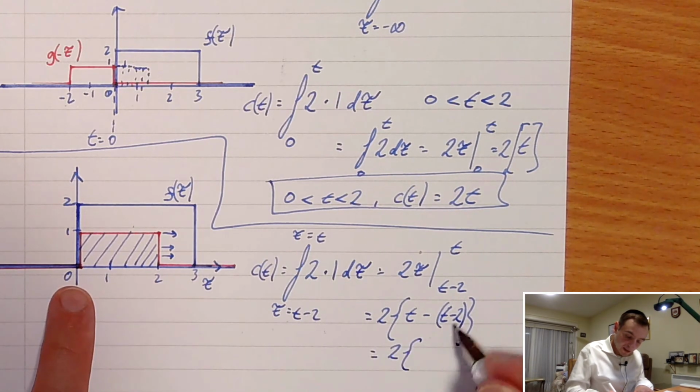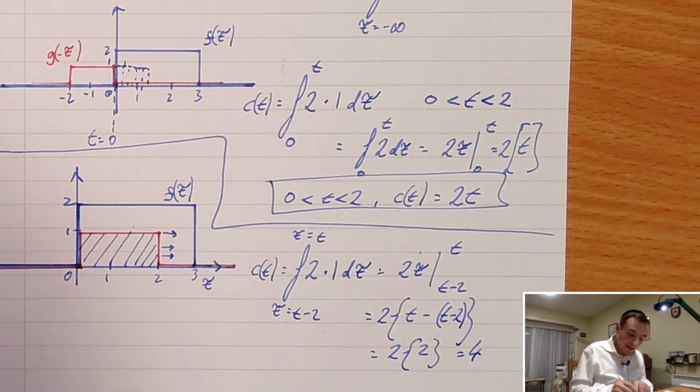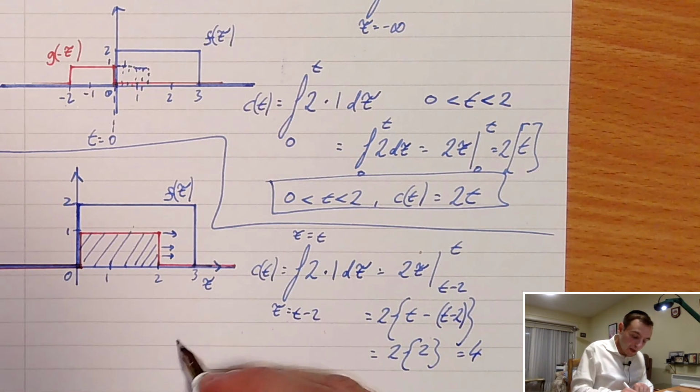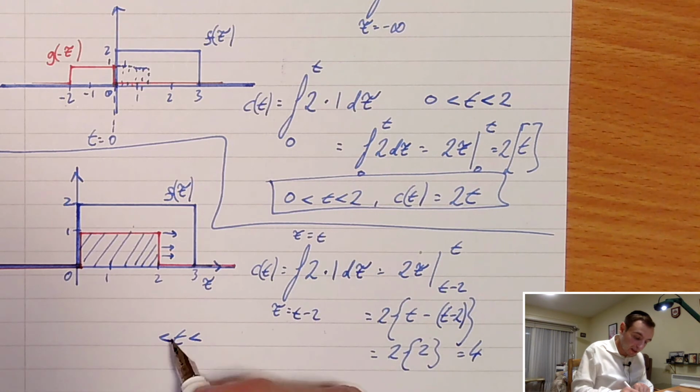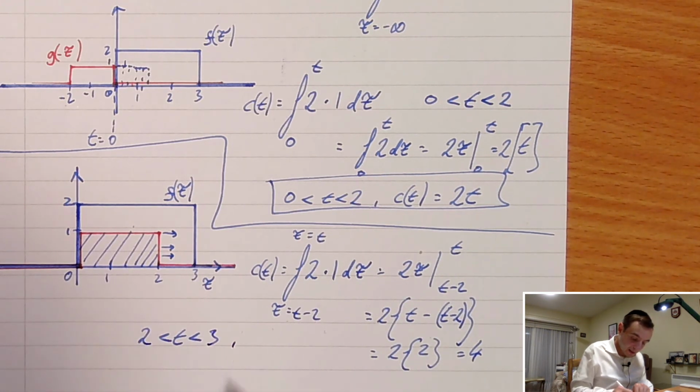T minus t is 0, it's 2 times 2, and that equals 4. So we can say for t being between, where did we leave off? 2 and 3, c of t equals 4.